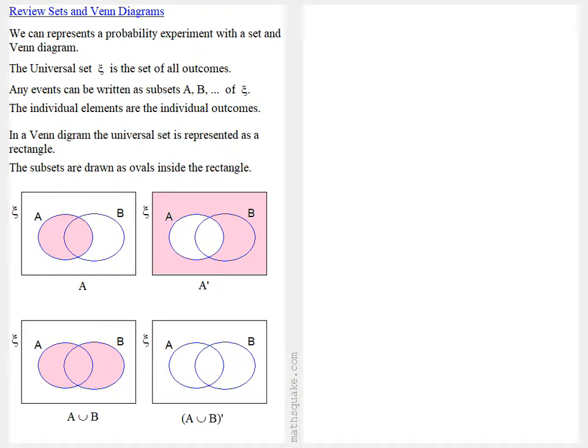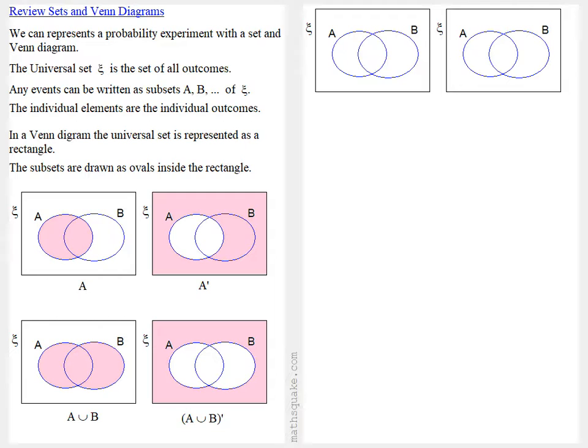And the complement of A union B is everything that has not been shaded in A union B. If we shade in the intersection of A and B, it's the part that is inside A and inside B at the same time. And the complement of A intersection B is everything that wasn't shaded in with the intersection.